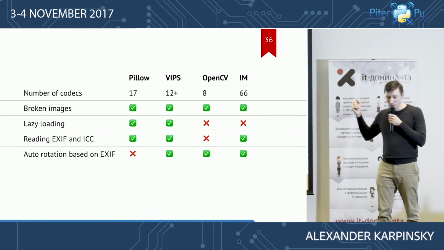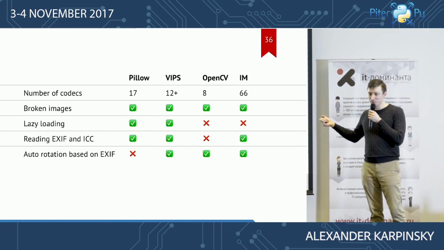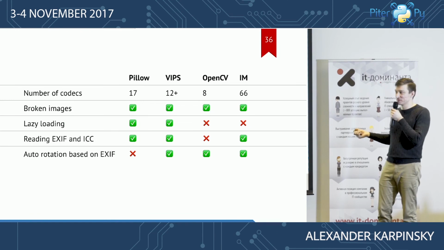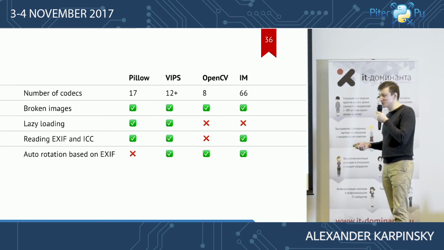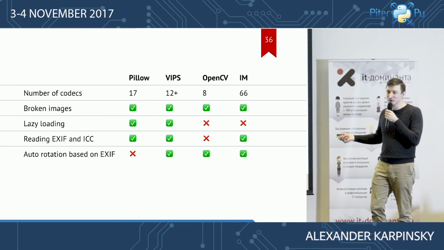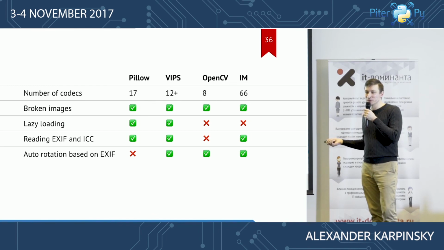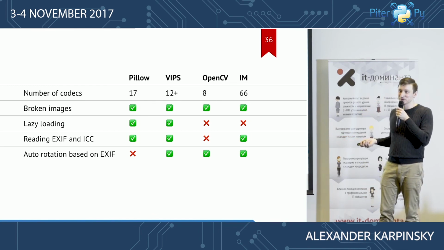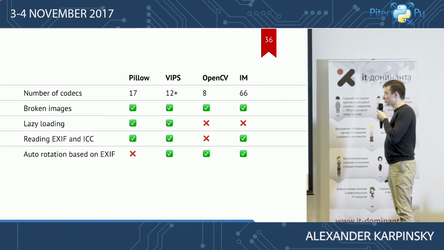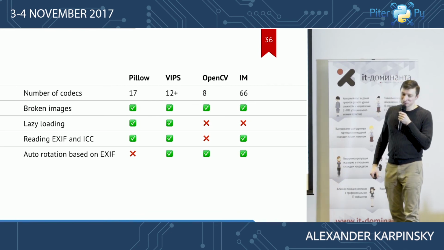I can honestly tell you that ImageMagick, as the most widely used library and the oldest one too, seems to be the most secure one, if this is what you are concerned about.